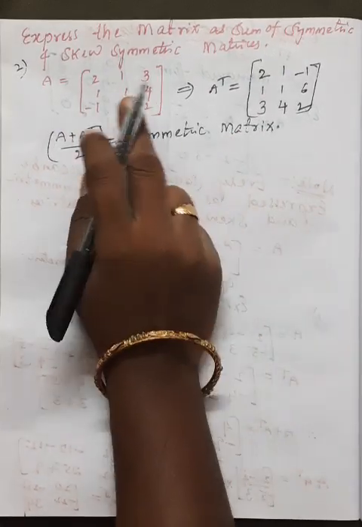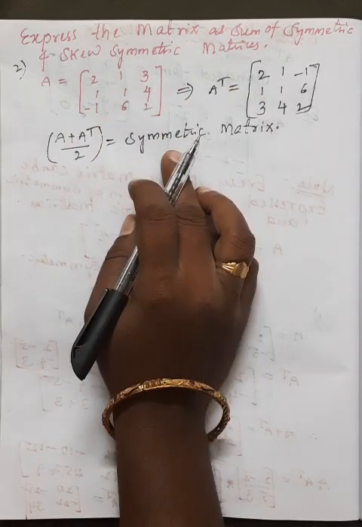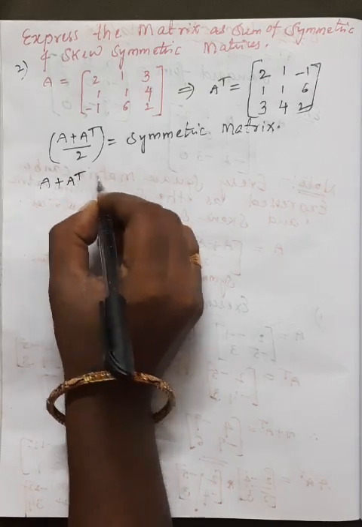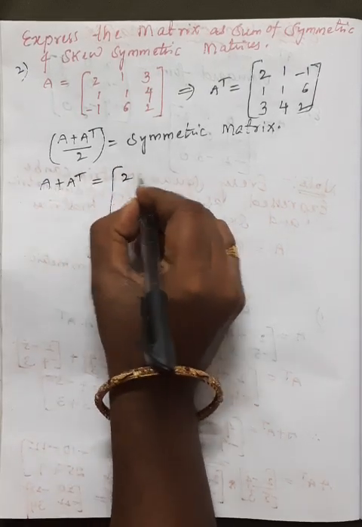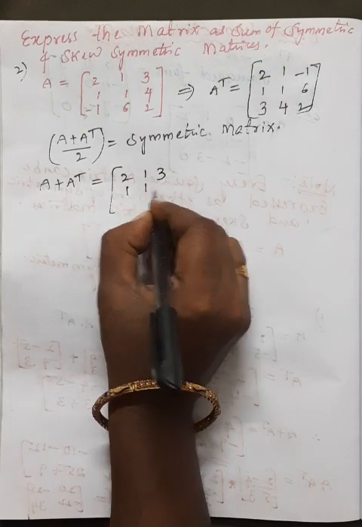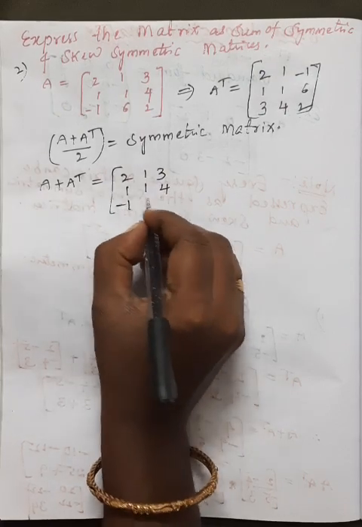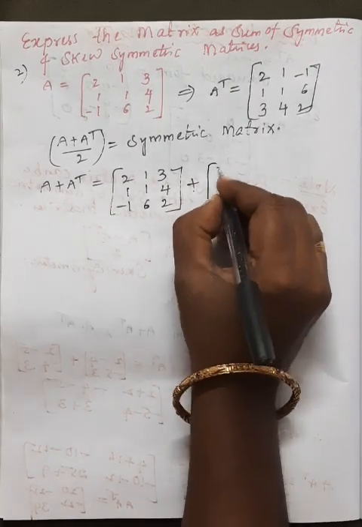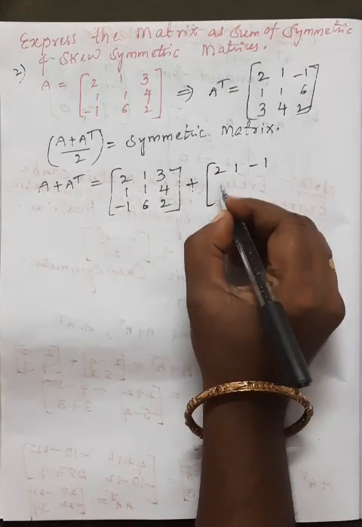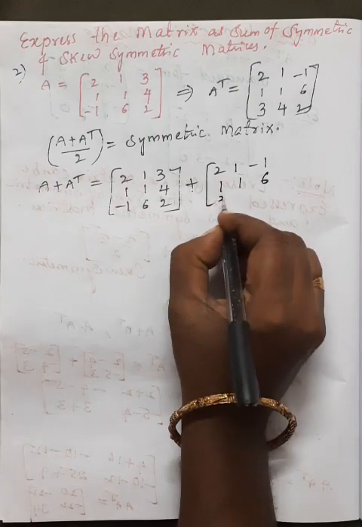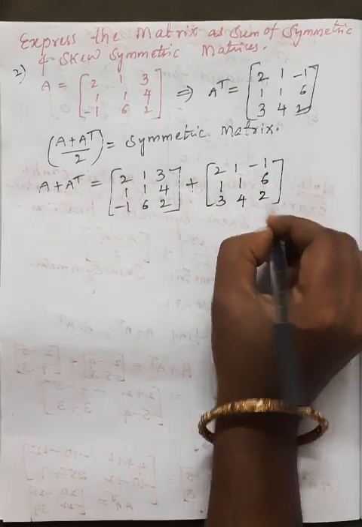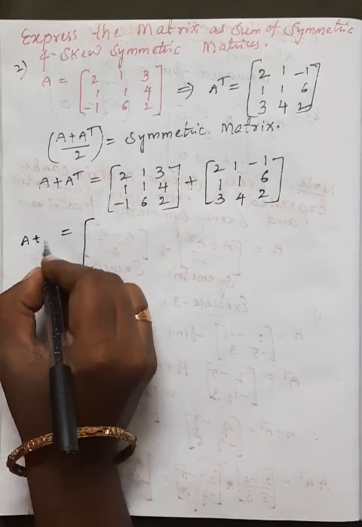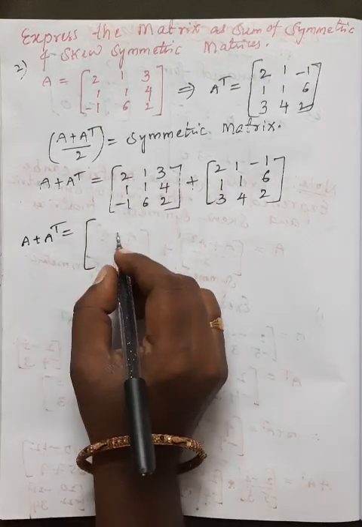Now we have to add these two matrices in order to get symmetric matrix. So here A plus A transpose is equal to 2 1 3, 1 1 4, minus 1 6 2 plus 2 1 minus 1, 1 1 6, 3 4 2. So here the addition is simple. In the previous class I have explained about how to do addition of matrices.